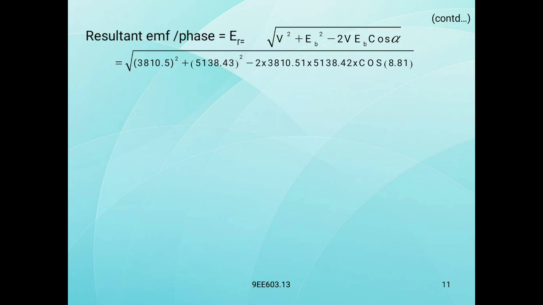By substituting V, Eb and cos alpha into that equation, we get the value of Er as 1491.44 volts. That is the resultant voltage.